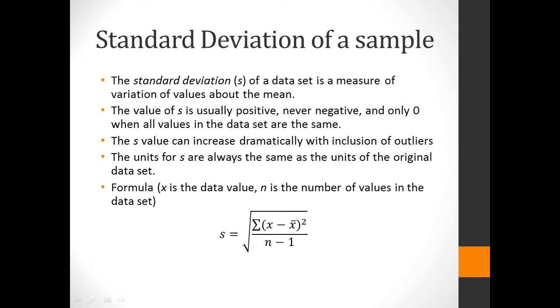And X bar, you'll remember, is the symbol for mean of a sample. So we take those calculations and we're subtracting them and squaring it, and then we take the summation of all those calculations. And then on the bottom of the fraction we have n minus 1, the number of values minus 1, and then we take the square root of that entire thing.